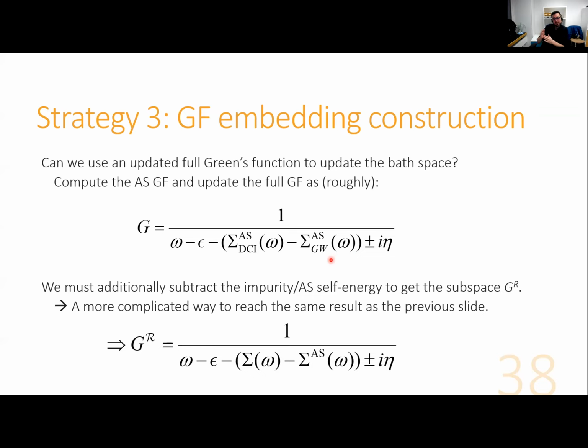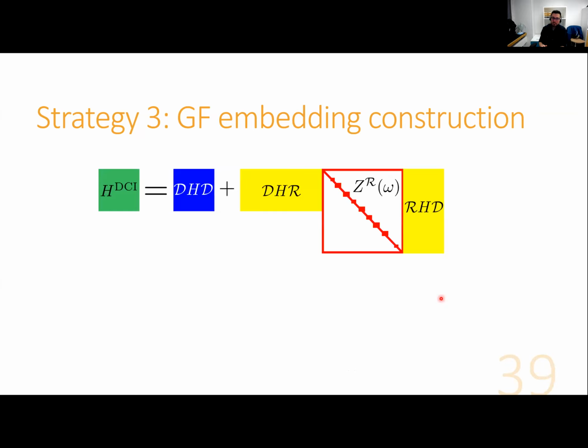Now, to get into the subspace, I need to remove the effect of the active space because I have to follow the Löwdin partitioning. So to me, this is a more complicated way, at least this part that I'm describing here, of reaching the same result as the previous slide. I can't use the total Green's function in the bath space. I have to use this GR thing that I've labeled. So roughly how this could look, I start with a DCI calculation, just as I've described in the previous slides.